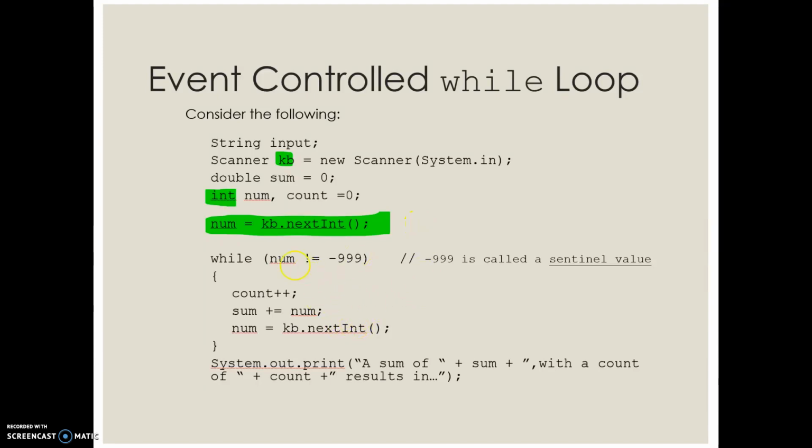As long as the number that they enter is not -999, then I'm going to increase the count, add that number to my current sum, and then get another number. This process will keep on continuing until the user enters -999. Once the user enters -999, I exit the loop, and then I can print out the sum of the values that were entered and how many values were entered total.